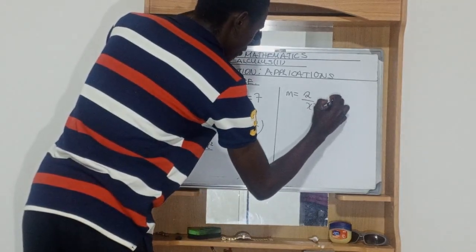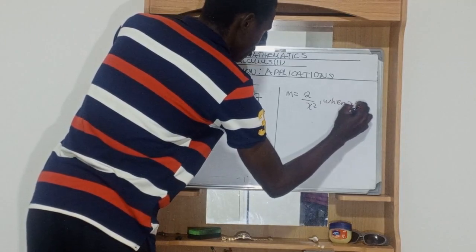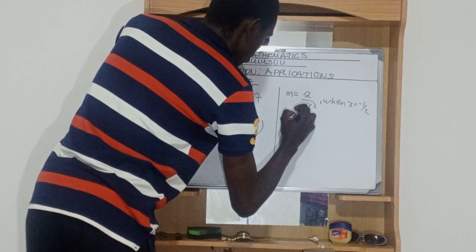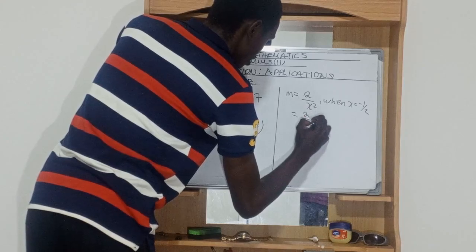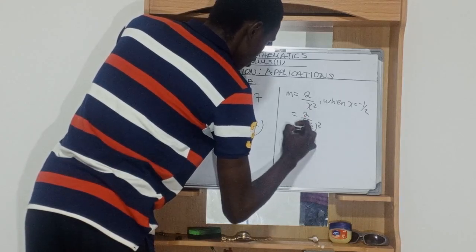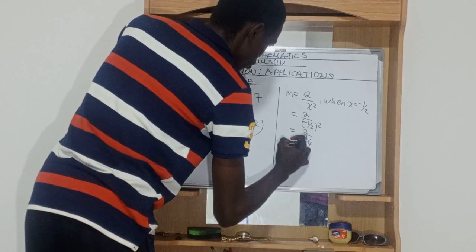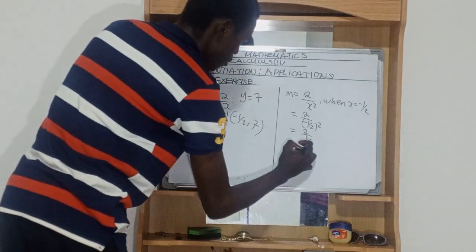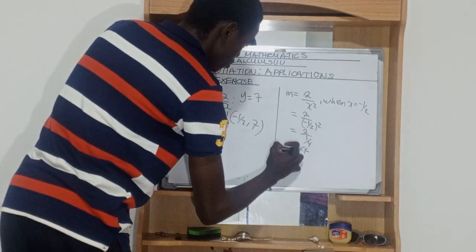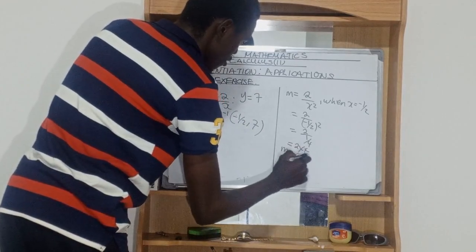When x is equal to -1/2, m is equal to 2 over (-1/2) squared, which is 2 over 1/4. This is a complex fraction. We just multiply by the reciprocal. So m is going to be equal to 8.